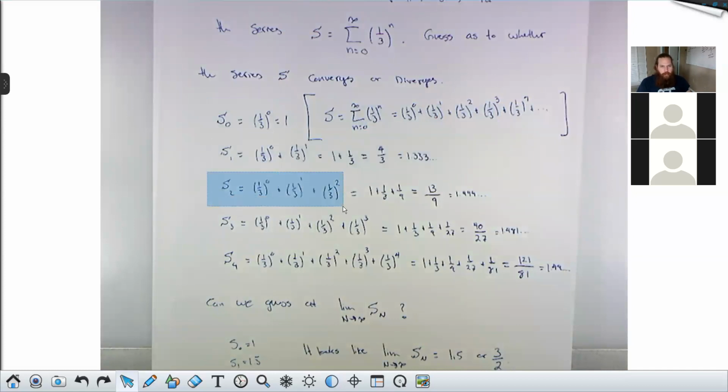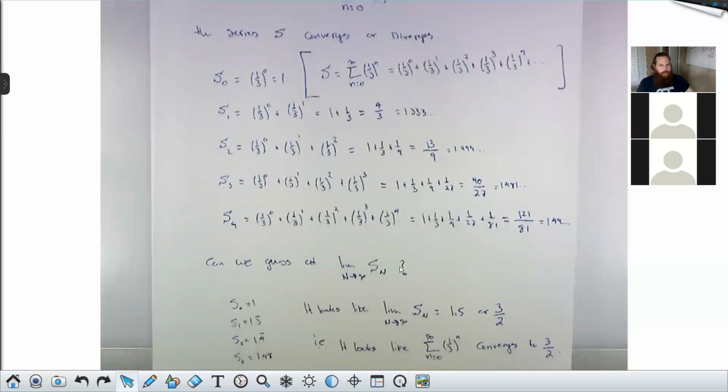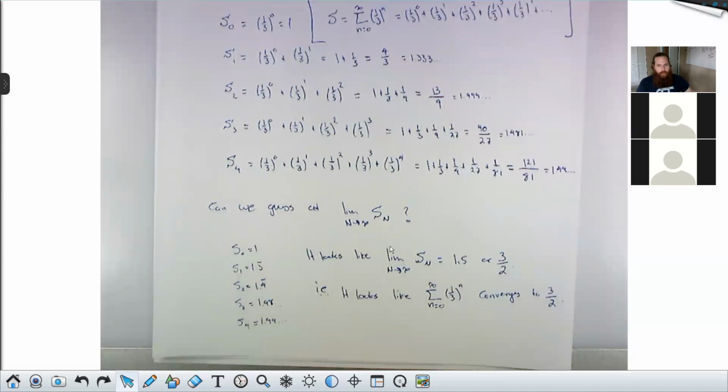The first 3 terms, it's 1.444. The first 4 terms, it's 1.481. And if I keep going, it looks like as I add more and more terms, the sum is getting closer and closer and closer to 1.5. In other words, the partial sums appear to be getting closer and closer to 1.5, which would mean that this series converges to 1.5.